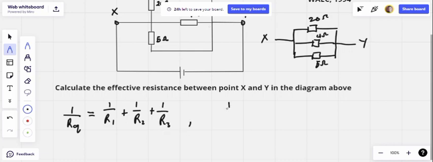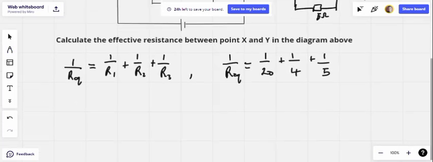So that means our 1 over R equivalent will be equal to 1 over 20, that's the first resistor, plus 1 over 4 plus 1 over 5.